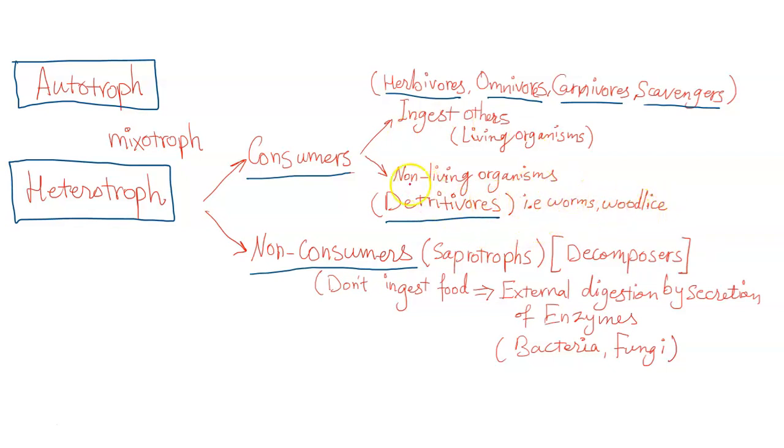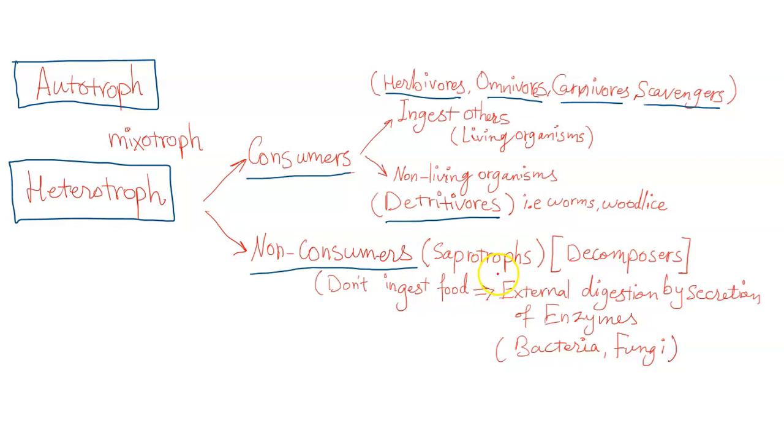Okay, so this is the way that I try to categorize in a way that can be remembered and understandable. The second category of heterotrophs would be non-consumers. Non-consumers means they don't consume, but they do digestion by secretion of enzymes.